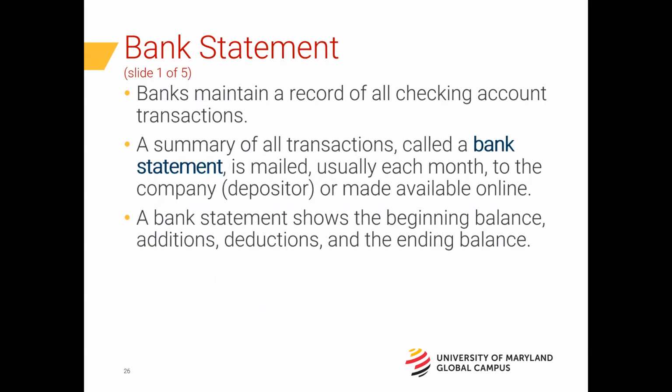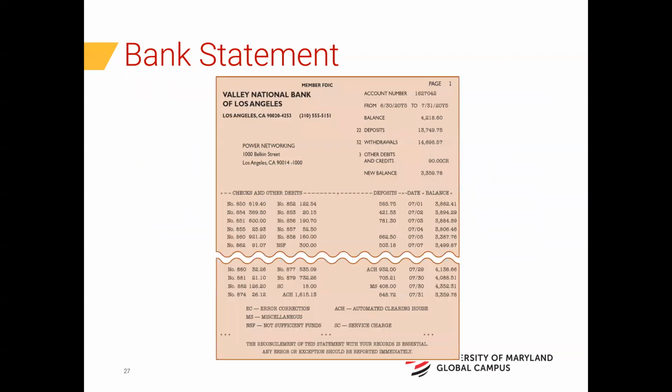So in that, there is a statement called a bank statement. Hopefully you all know what that is. Every month your bank, if you have a bank account, provides you with a bank statement. And that bank statement shows you a beginning balance, any additions, deductions, and an ending balance. And this is an example of what a bank statement looks like.